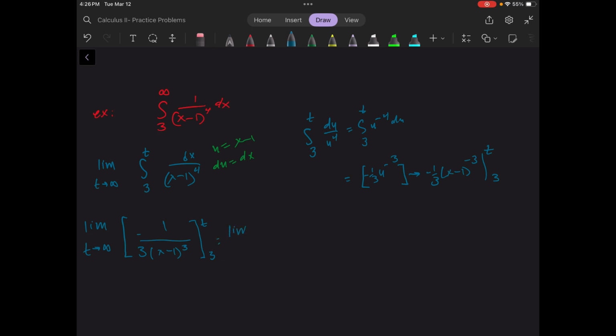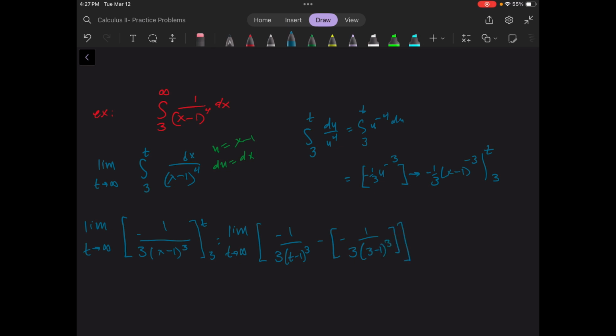This is going to be the limit as t approaches infinity of negative 1 over 3(t minus 1) cubed, minus a negative 1 over 3(3 minus 1) cubed.